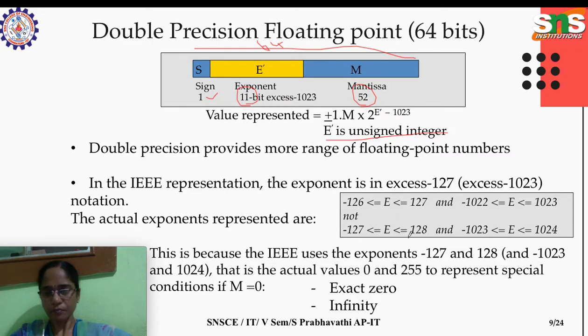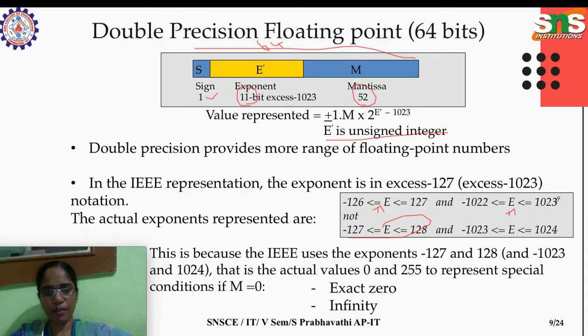Okay, and see, the range is given here. Normally we should follow this range, but instead of this range, currently we are following this range for the exponent in single precision. Likewise in double precision, this is the range, but the practical implementation takes the exponent value within this range. Why?